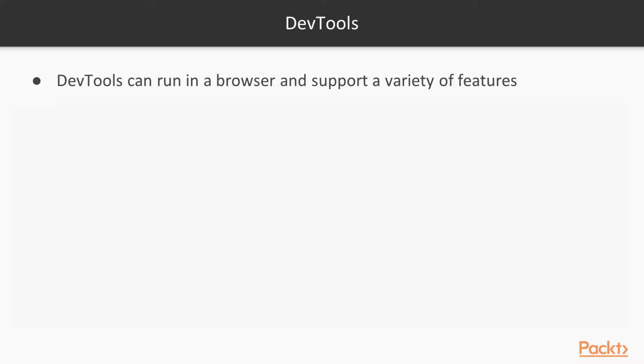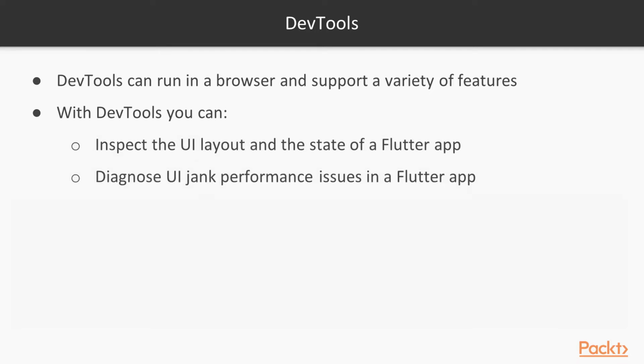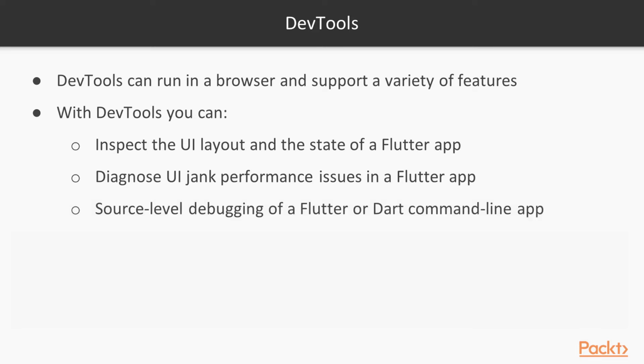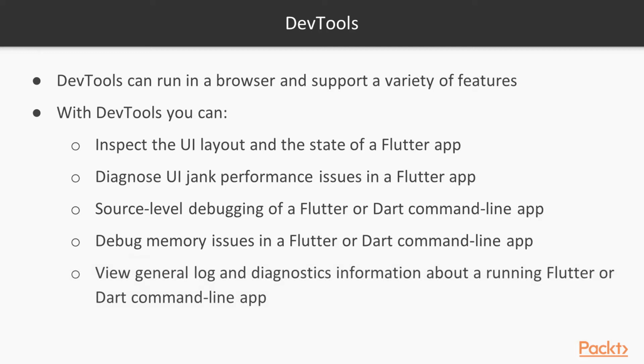DevTools can run in a browser and supports a variety of features. With DevTools, you can inspect the UI layout and state of a Flutter app, diagnose UI jank performance issues in a Flutter app, do source level debugging of a Flutter or Dart command line app, debug memory issues in a Flutter or Dart command line app, and view general log and diagnostics information about a running Flutter or Dart command line app.